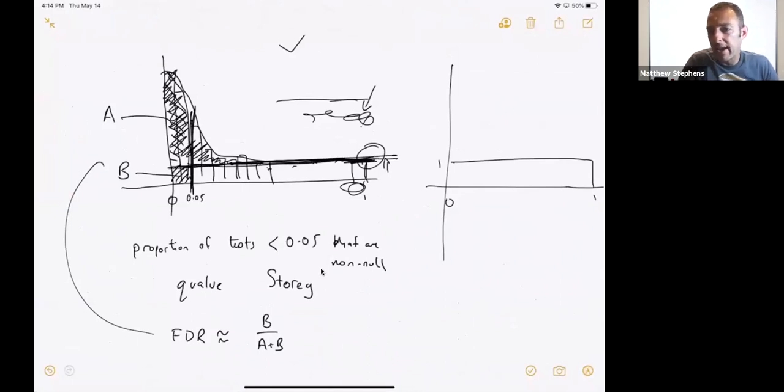In fact, that line is estimating pi 0. The height of that line is an estimate of the proportion that are null. If all of them are null, the height will be 1. If none of them are null, the height will be 0. So the height of this line here in the q value is an estimate of the proportion that are null.